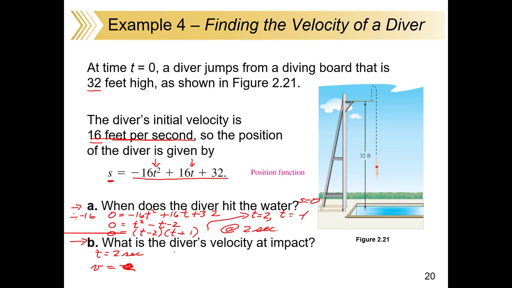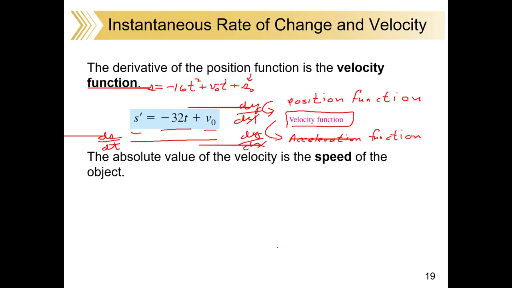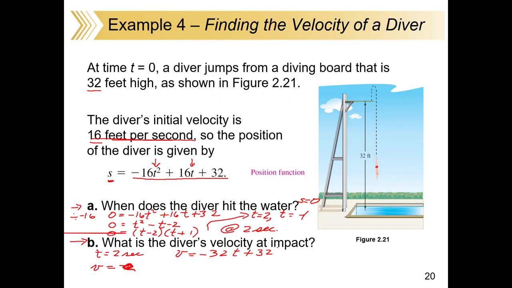His velocity is negative 32t plus v0. My mistake, I should have looked back. There we go. Negative 32t plus 16 gives us the diver's velocity at any time at all.